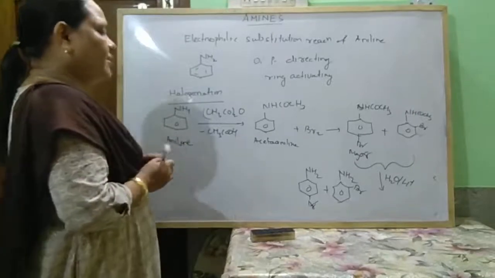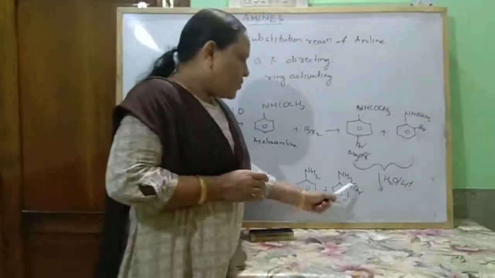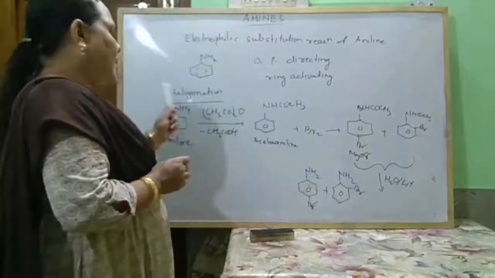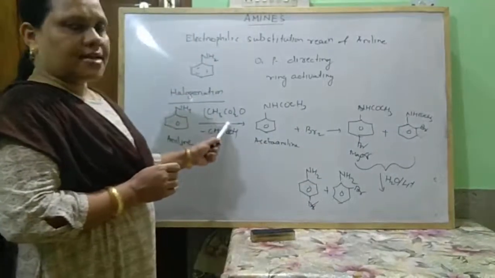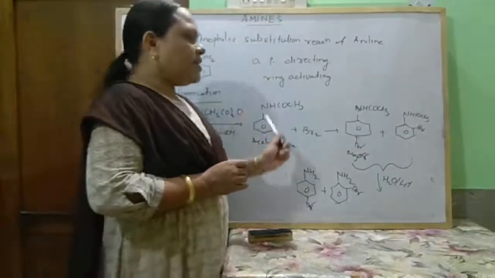So aniline, to get this mono substituted product, first aniline is treated with acetic anhydride to form acetanilide.